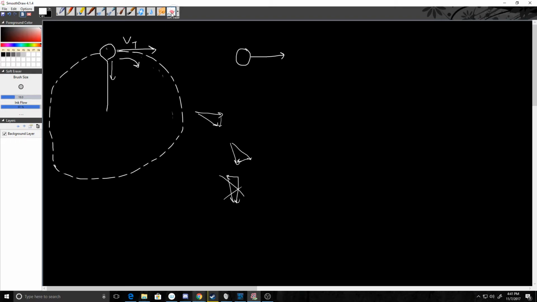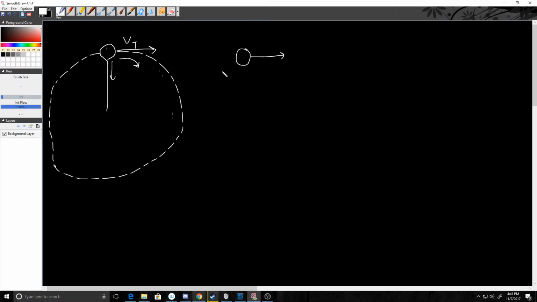All right, so let me go back and talk about the ball. So this ball here, let's say that it has a certain amount of tangential velocity, and we want to know what the centripetal acceleration is.